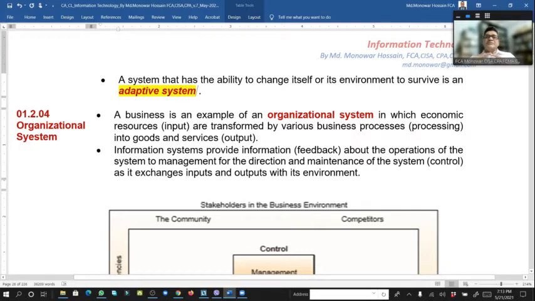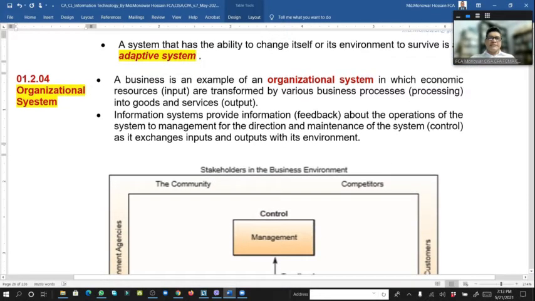The system that has its own ability to change its shell or its environment to survive as an adapted system. So an adaptive system needs adaptation also. An adaptive system is a system that can be changed for survival. The system itself can change within this environment.